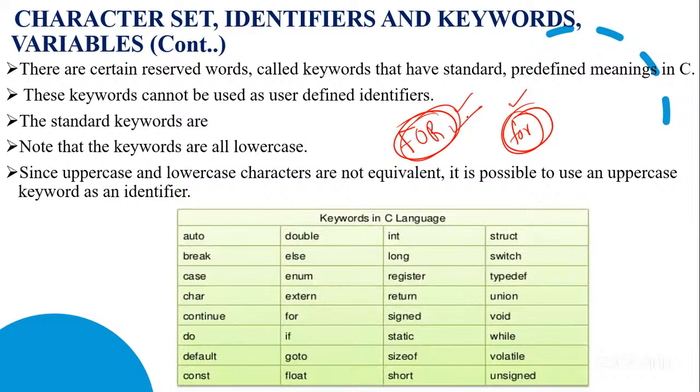So these are the 32 keywords in C, in some particular order.